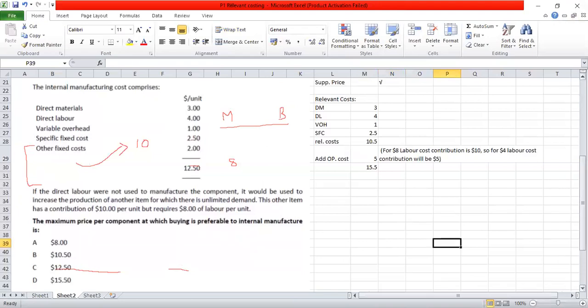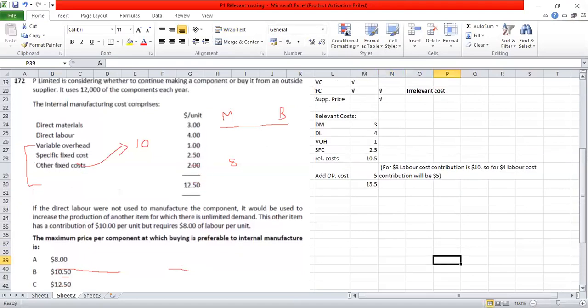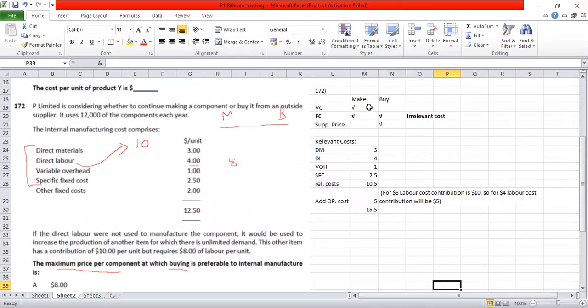The decision criteria is between the relevant cost versus the supplier's price. The relevant cost here, all variable cost and traceable fixed cost added up together, we got as 10.5. Now, if they make the component, they will forego that additional contribution which they can earn at the rate of $10 when $8 labor cost is used.